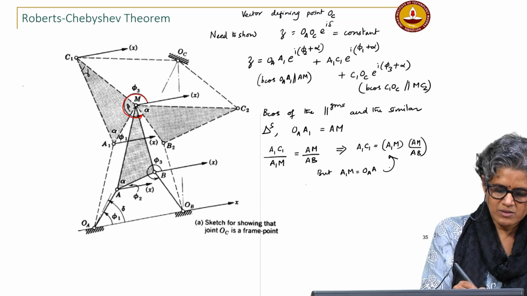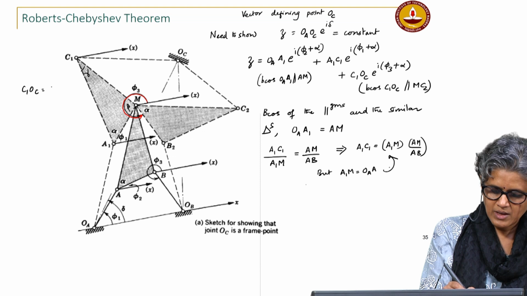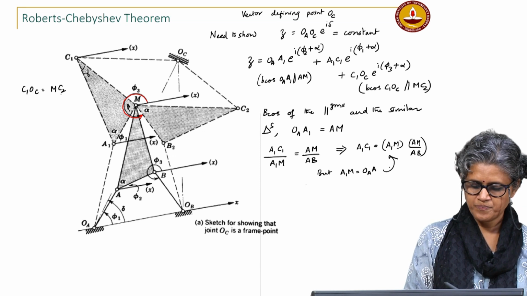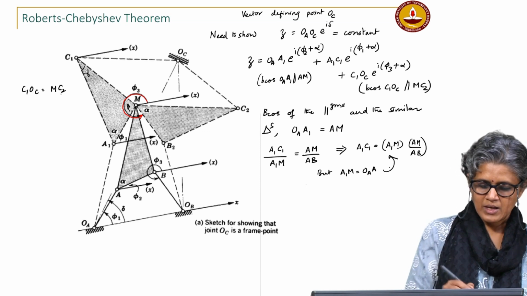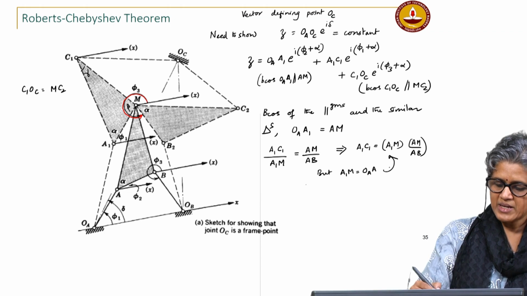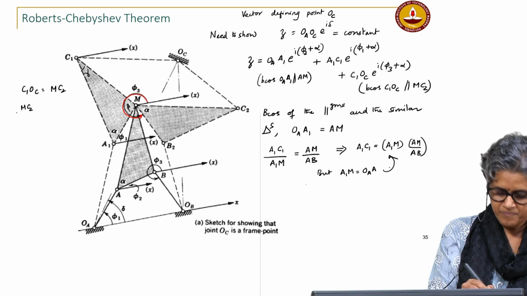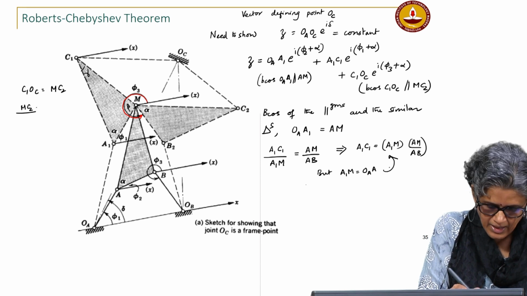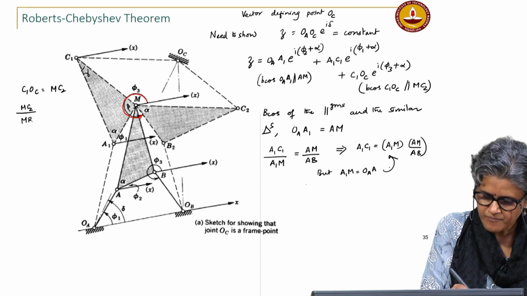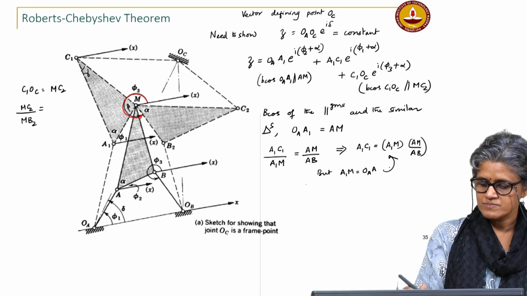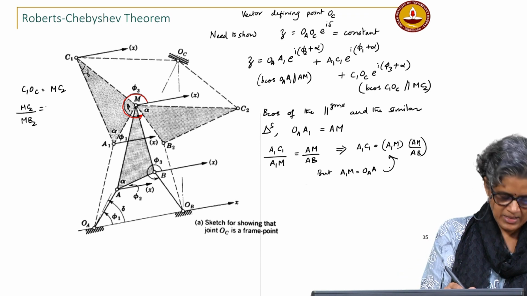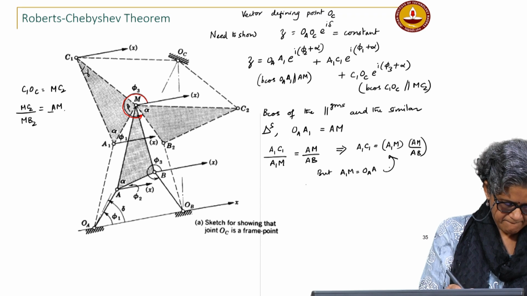Let us say C1 OC is equal to MC2. Okay. In this, again comparing it to this triangle, MC2 by MB2 is equal to AM by AB.